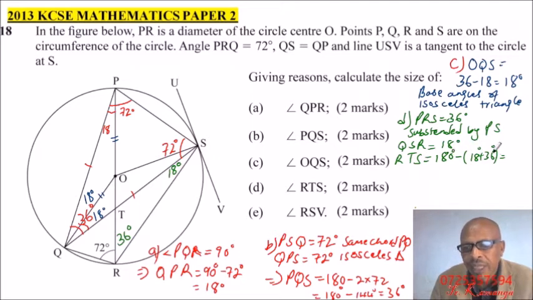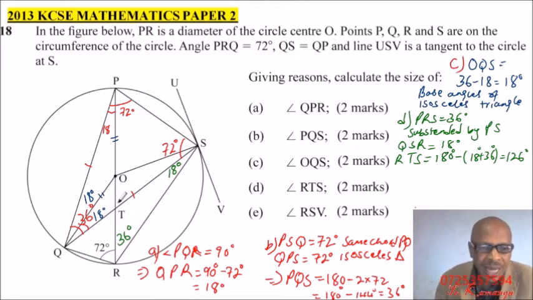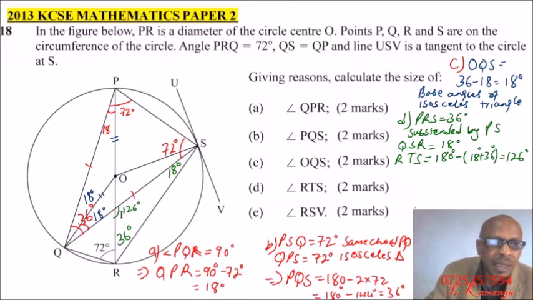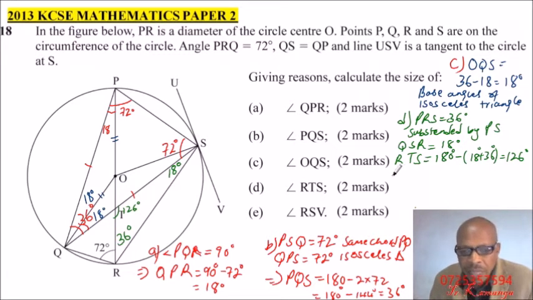Don't forget to put that. When you work that out, you should get 126 degrees. So this angle here is 126 degrees, and you have the reason for that. Finally, we have E, we have RSV.